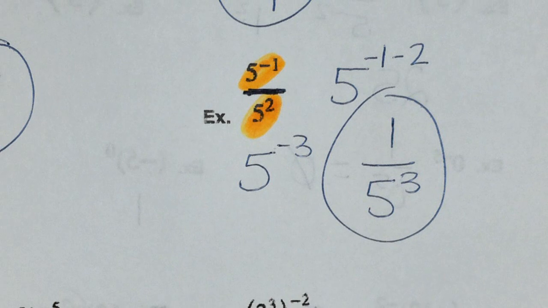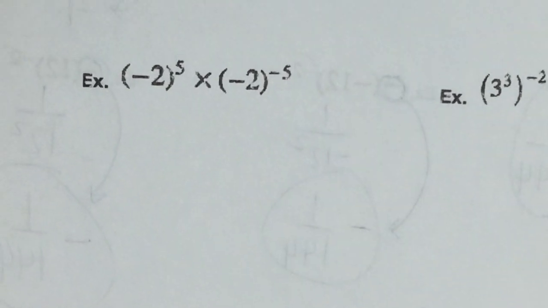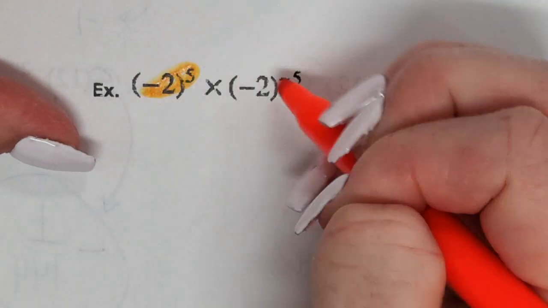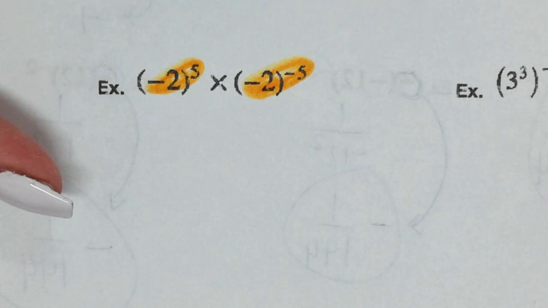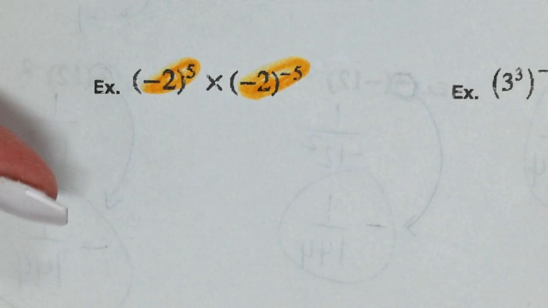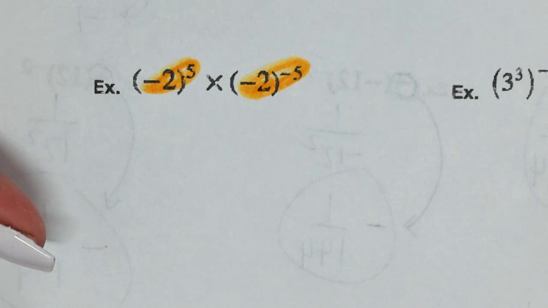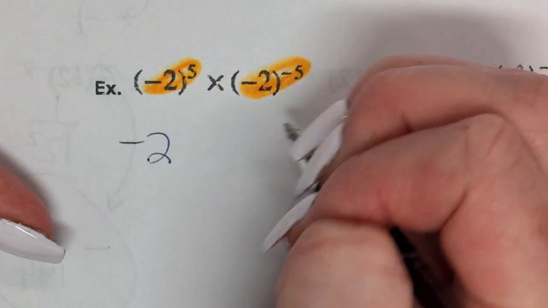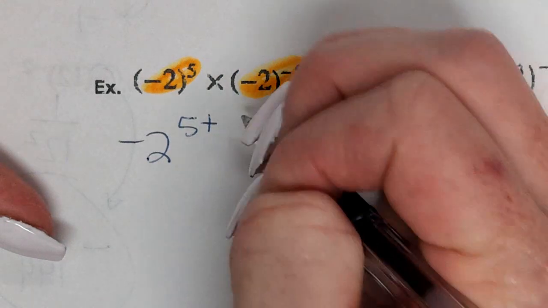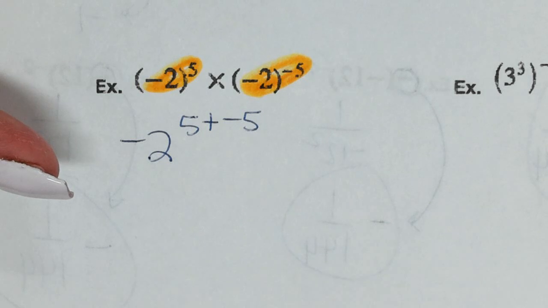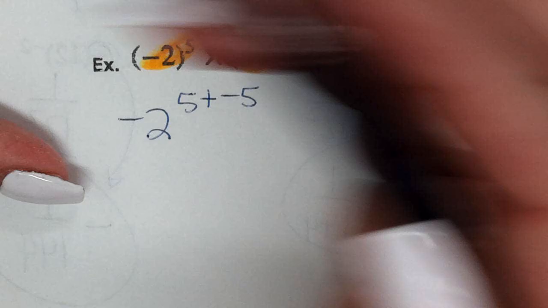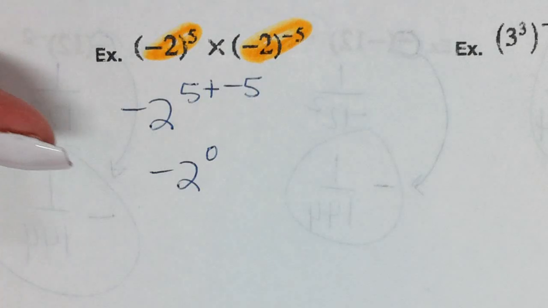Good? The next one. Are the bases the same? Since it's being multiplied, what do I do to my exponents? Add them. So I have negative 2 to the 5 plus negative 5. 5 plus negative 5 is 0.